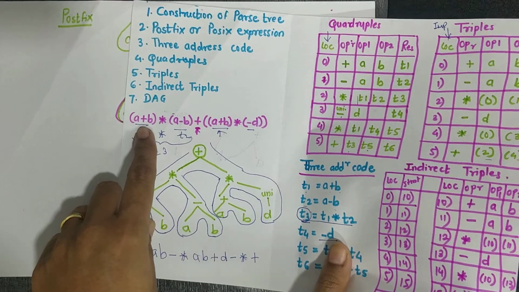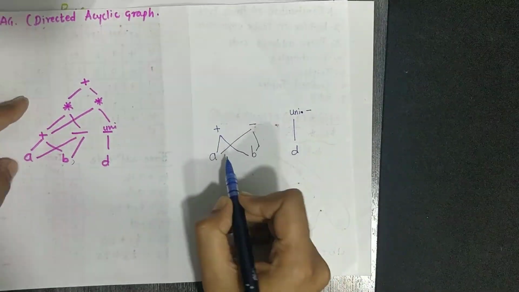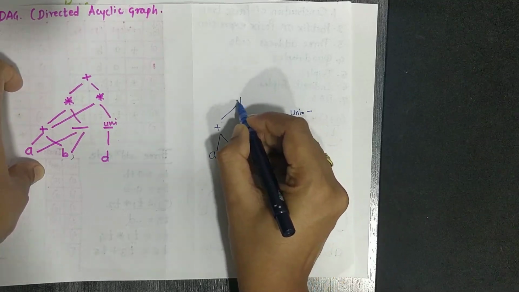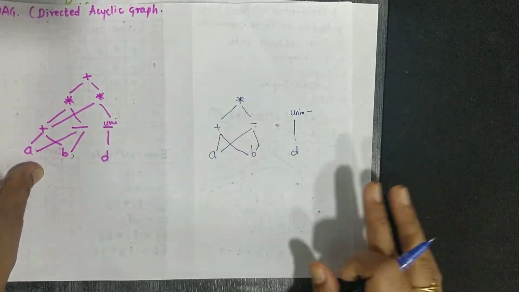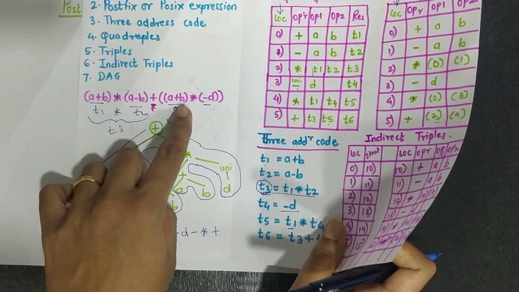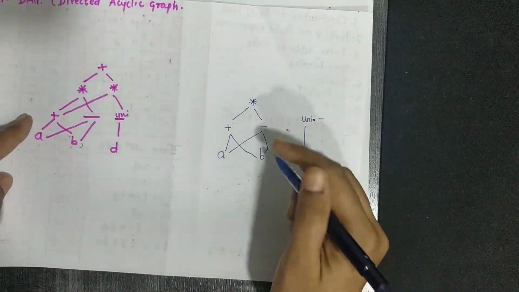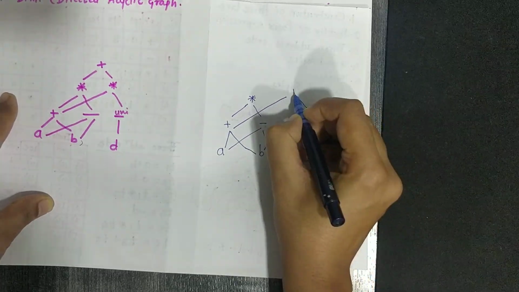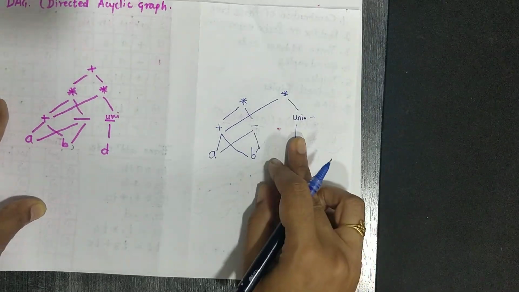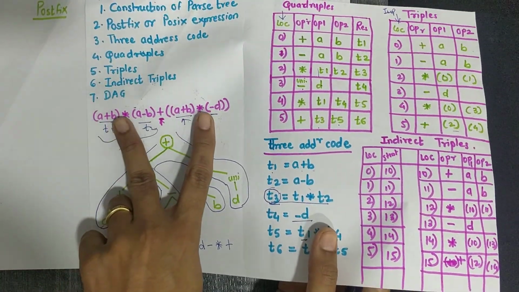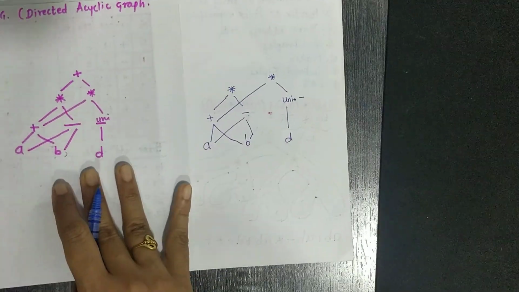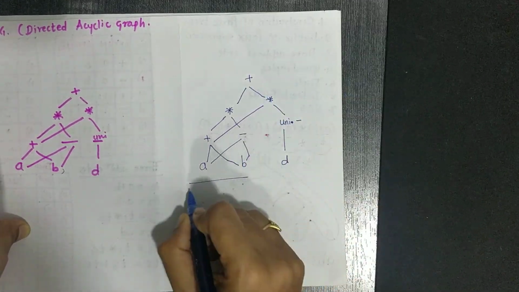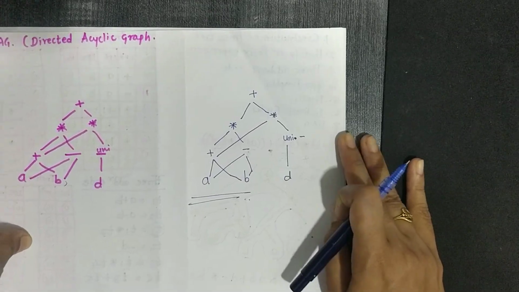You can see here, A plus B into A minus B. So A plus B and A minus B are going to be multiplied, so multiplication is added. Afterwards, what is next? A plus B into unary minus D. So this operation we are going to multiply with unary minus D. Afterwards, these 2 we have to add. That's why your final one is nothing but the plus operator. This is known as a directed acyclic graph.